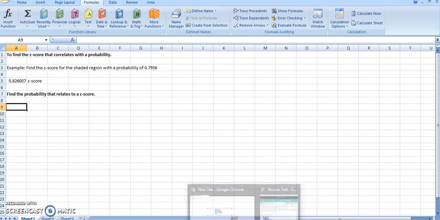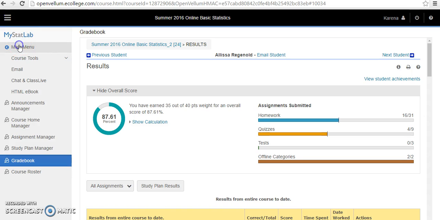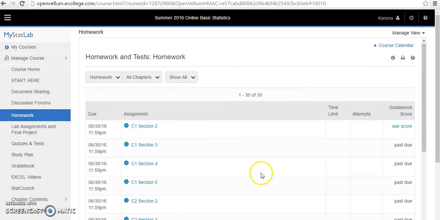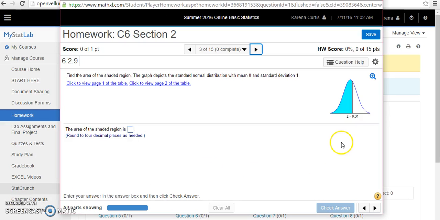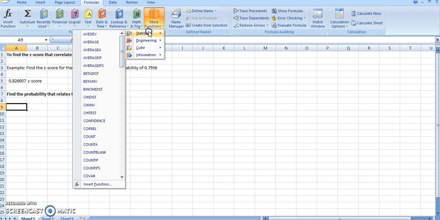If you look at your homework, like this example here, where we get the z-score, and then we want to find the probability of that shaded region, then when I'm in Excel, I'm going to go again to more functions, statistical.